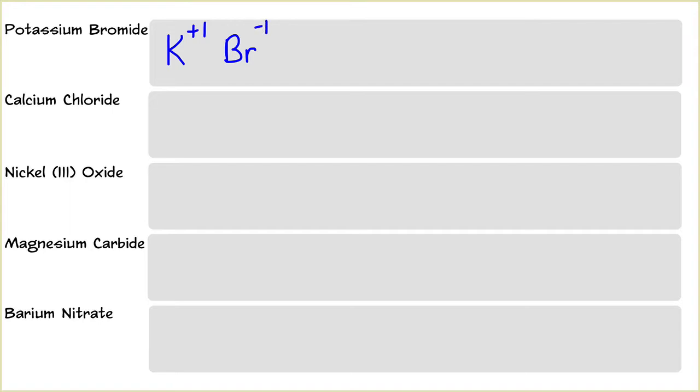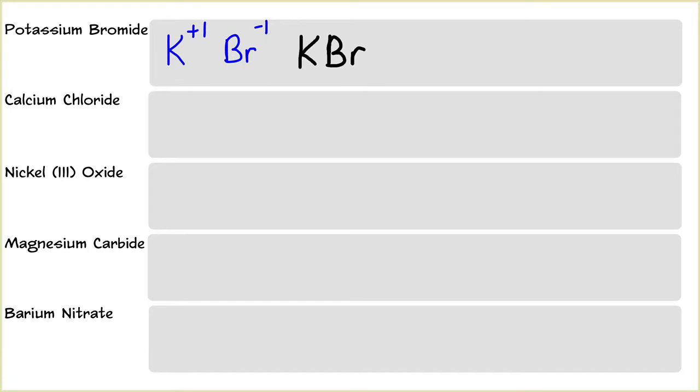So what we do is we take the superscripts and we trade them and make them subscripts. So the formula would be K and then Br. We don't write the number 1 when we're writing down formulas. But if we were to, there would be a 1 on each of these, but that's a big no-no. You don't write 1s.